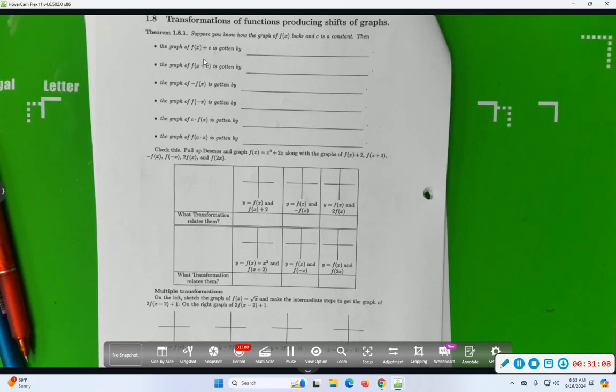Let's figure out what happens if I just take a function and add a constant to the output value of that function. What do you think that should do? It should move its intercept. Which intercept, x-intercept or y? Y-intercept, I think that's right. Because how do you get the y-intercept? You plug in x equals 0. You'll get whatever f of 0 is, and then you'll add c to it, so it'll let you move up. In fact, the same could be said for all of the y values.